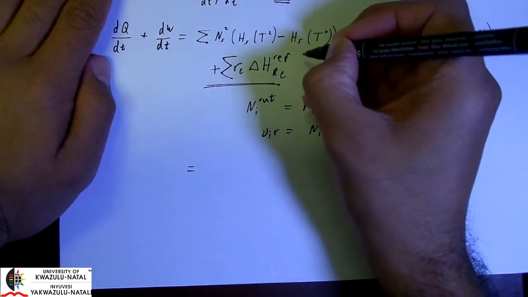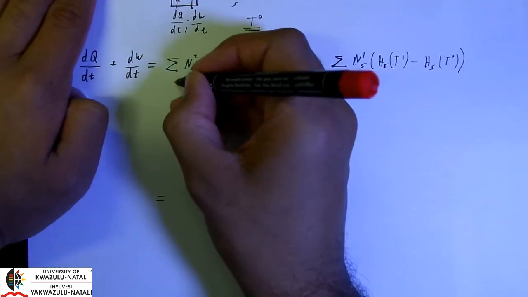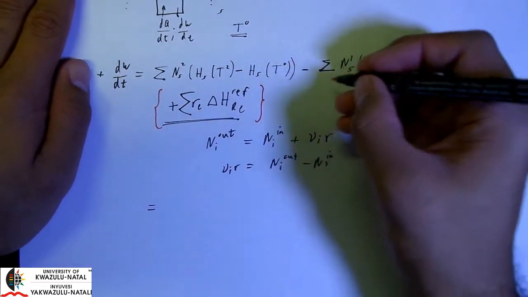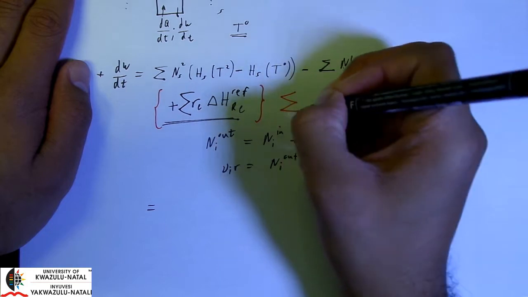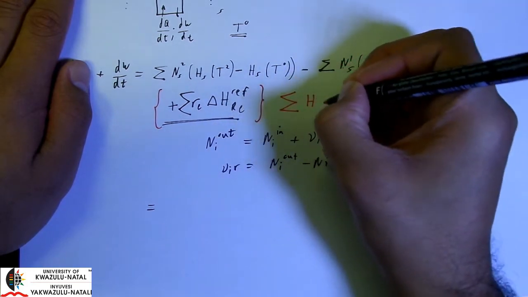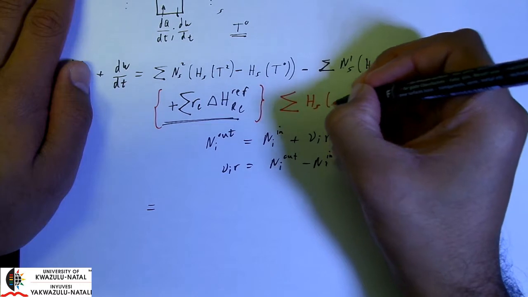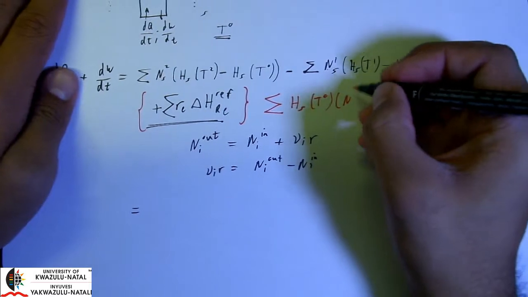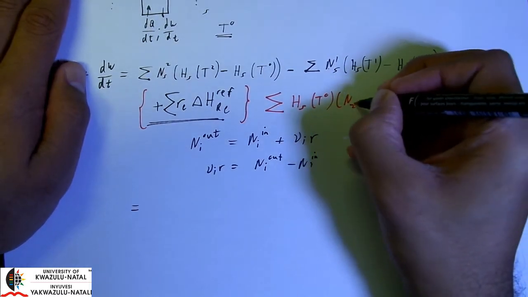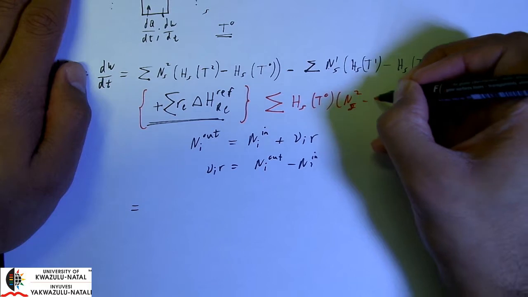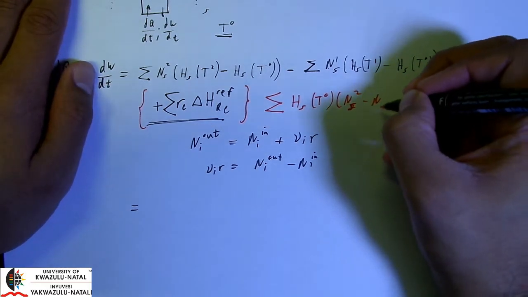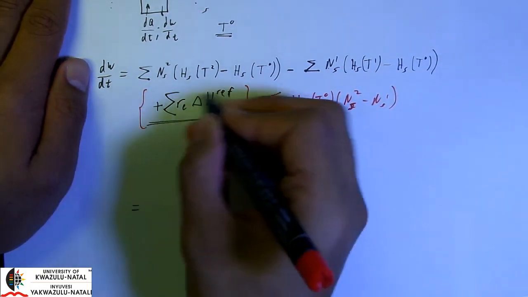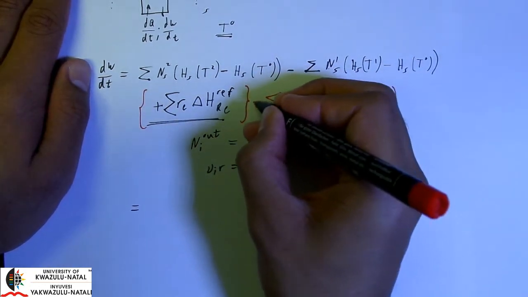I can replace this and simply state it as a production rate, so that will be the summation of the enthalpy of each species at my reference temperature multiplied by my production rate or consumption rate, depending on whether the species is a reactant or a product. So this here is equivalent to this here.